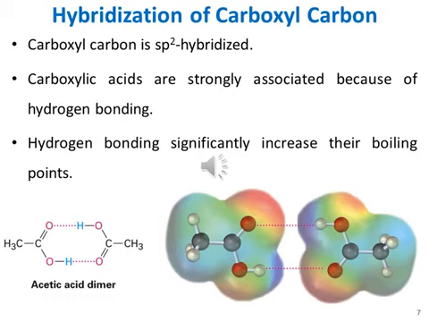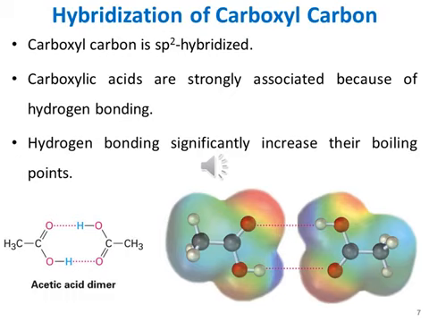This carbonyl carbon is bonded with the oxygen atom, and the oxygen atom is more electronegative than the sp2 hybridized carbon atom. Because of the higher electronegativity of the carbonyl oxygen, the carbonyl carbon attains a partial positive charge, and this partial positive charge has an effect on the acidity of the carboxylic acid that we will discuss in the coming slides.